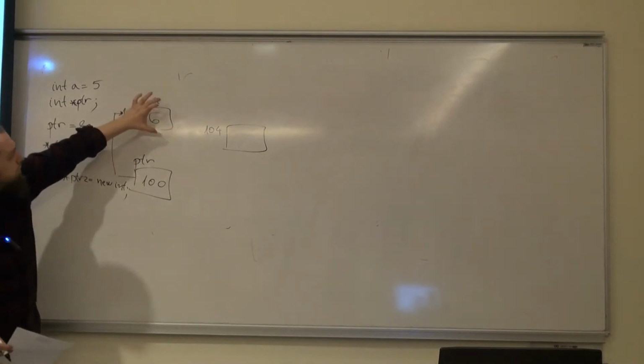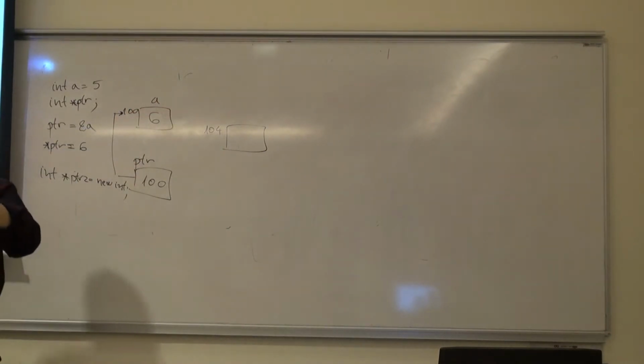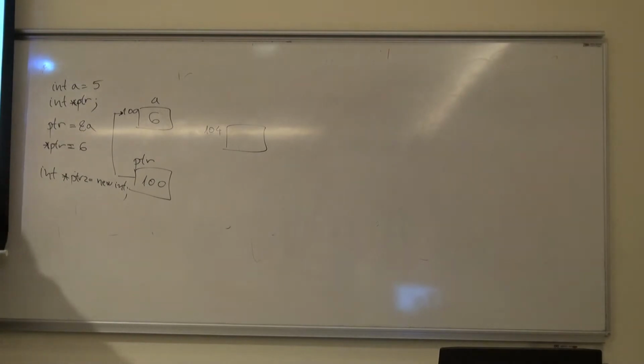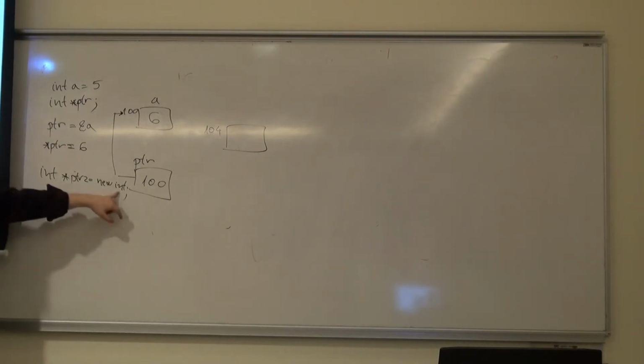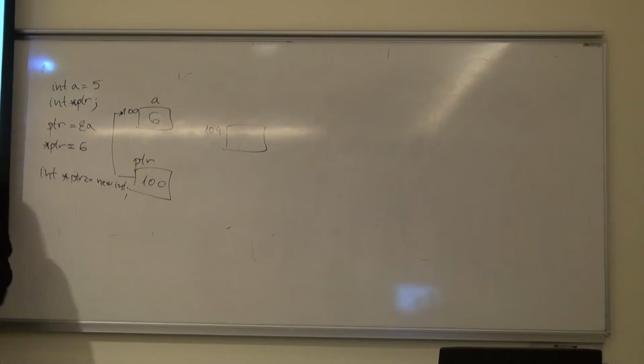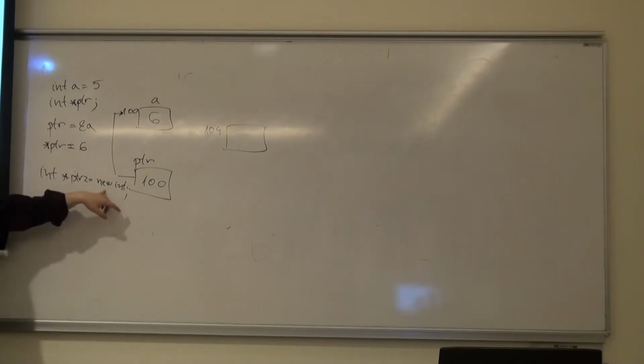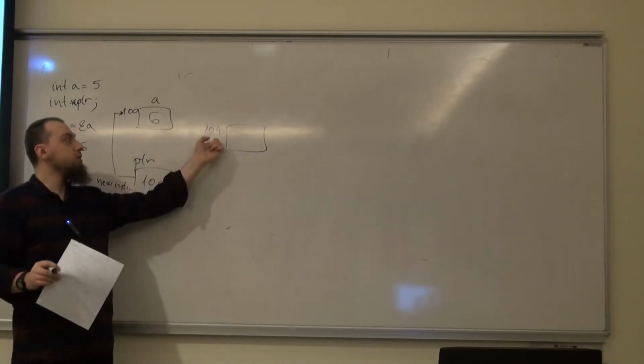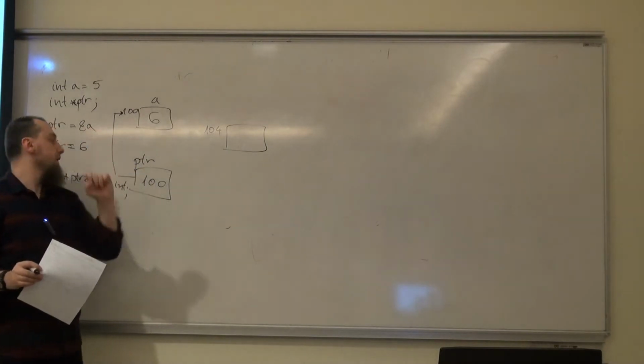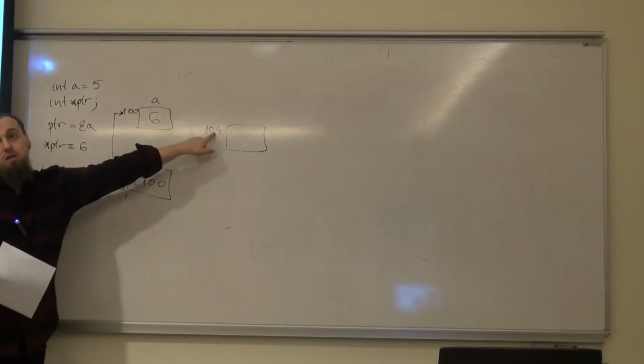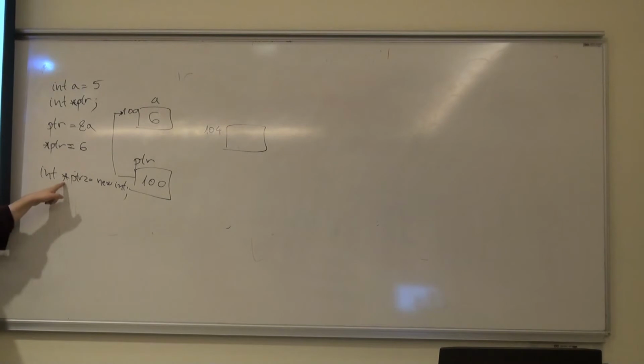Since those are reserved for this a here, since a takes 4 bytes, 32 bits, okay? So, when I say integer, the compiler reserves a block of memory. When I say new, it's reserved, and it returns the address of that guy. And this address is, in this case, 104, and it is assigned to the ptr2.